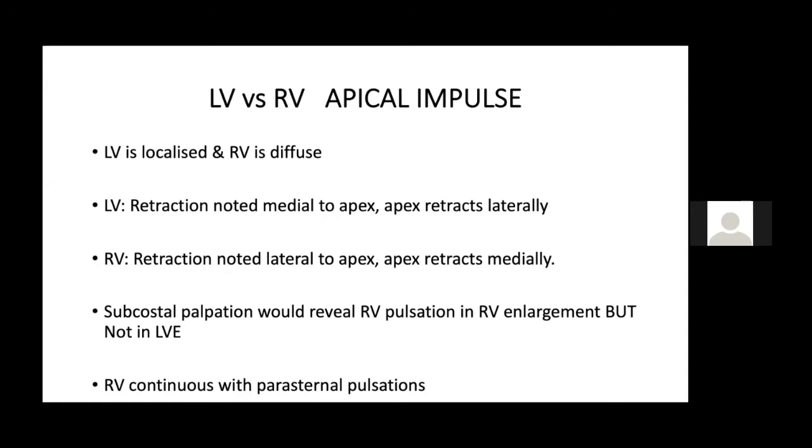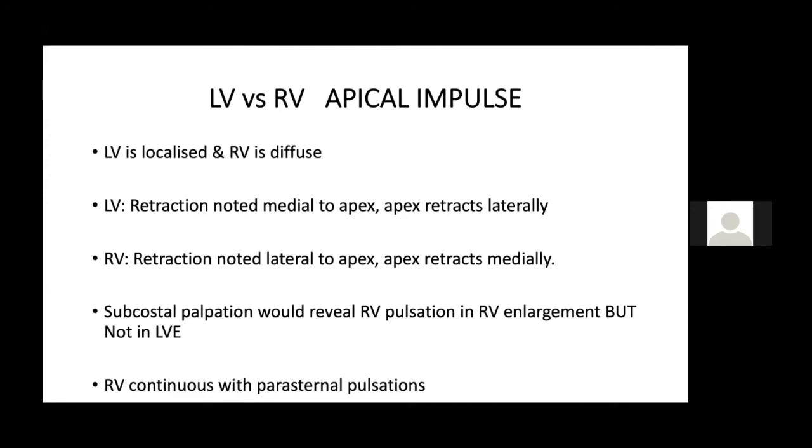Whenever the LV dilates, we know that there is a counterclockwise movement. The LV moves posteriorly, and you will be able to see retractions which are medial to the apex. So medial retraction is consistent with LV, and lateral retractions are consistent with RV.